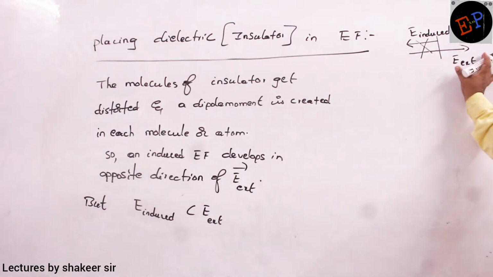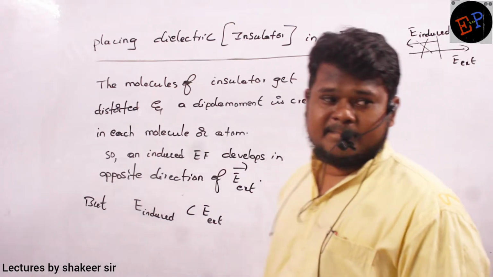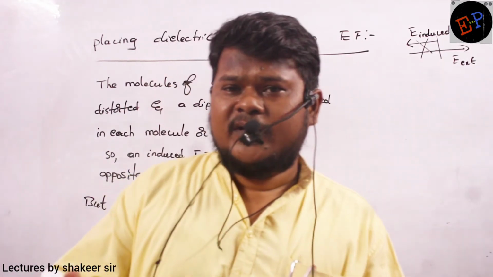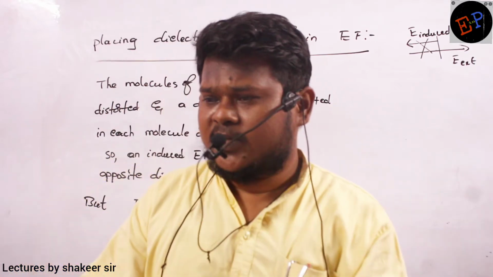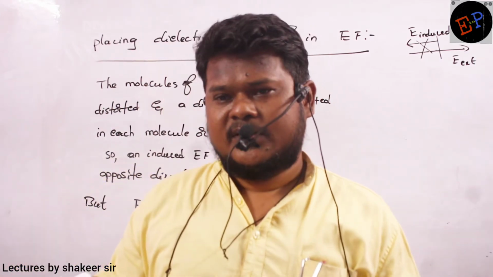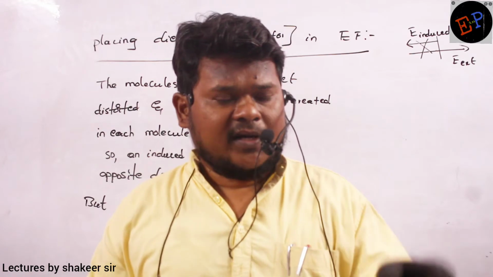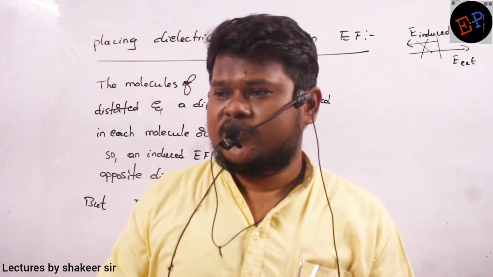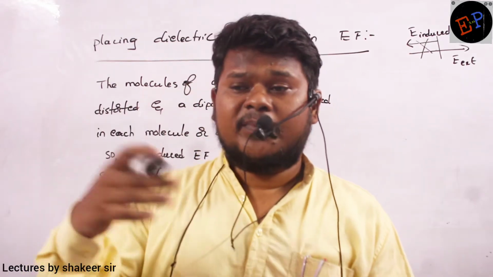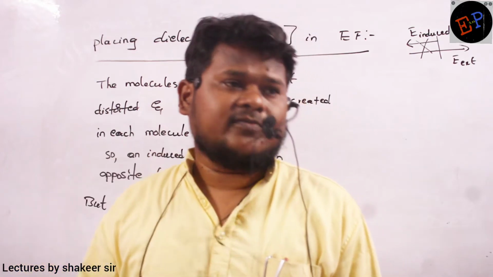But this much amount is still remaining, no? So what do you understand? The electric field which is present inside this insulator reduces. Are you able to understand? Now the final field inside the insulator is lesser when compared to external electric field.